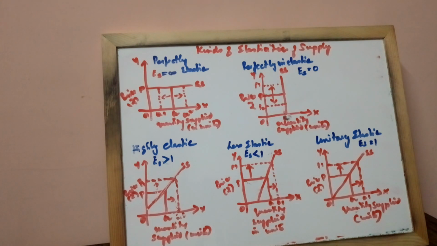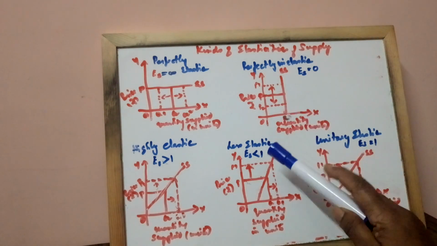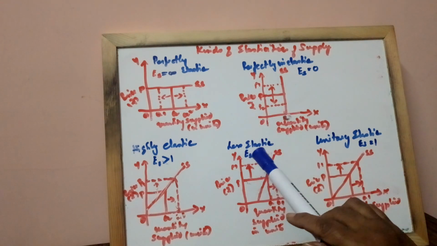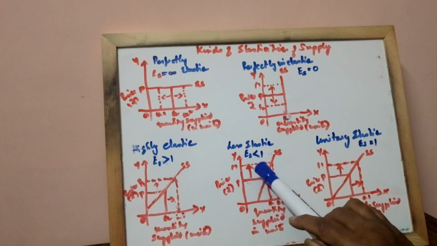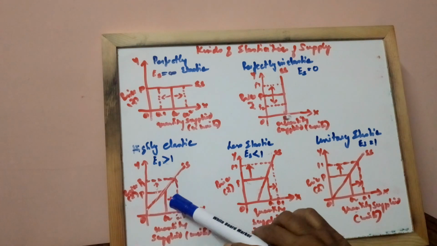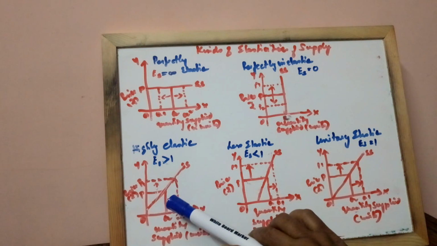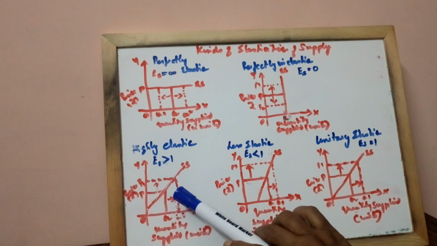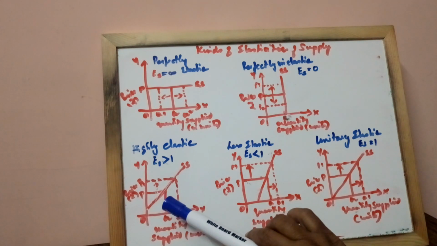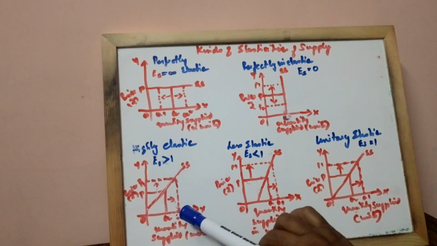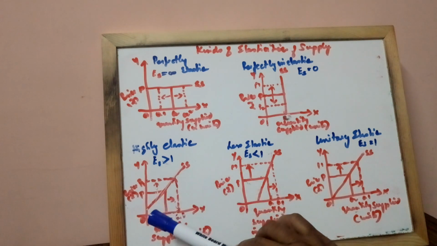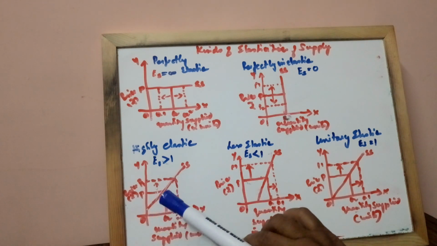The next one, less elastic. That is, elasticity of supply is less than 1. Here I can give you one more example. The quantity supplied is 100 when the price is 10 rupees per unit. The quantity supplied is 200 when the price is 15 rupees.